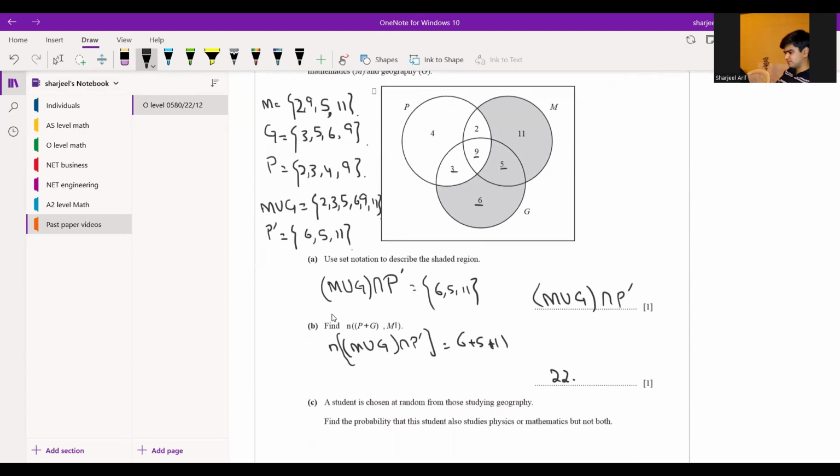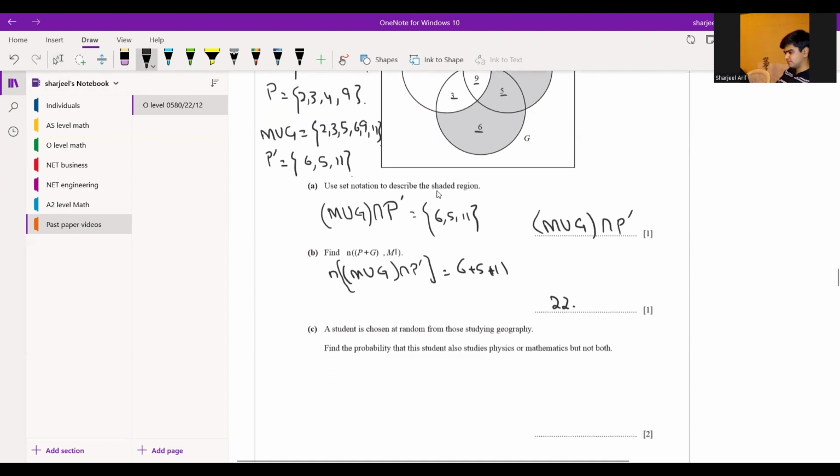So we will only focus on geography students and identify those who either take physics with geography or maths with geography. So that would be 6, 5, and 3. For this part, let's assume the set is A.